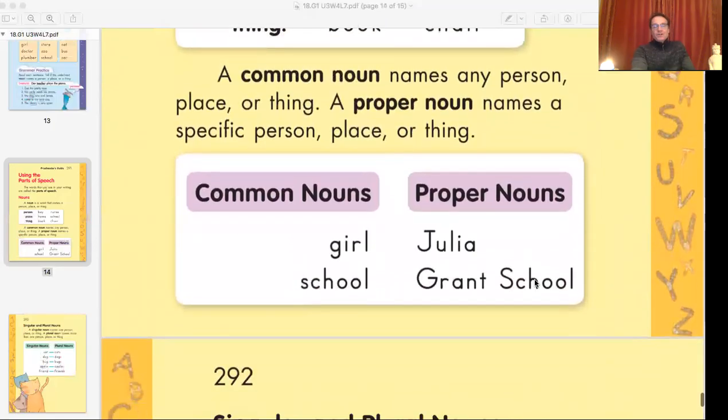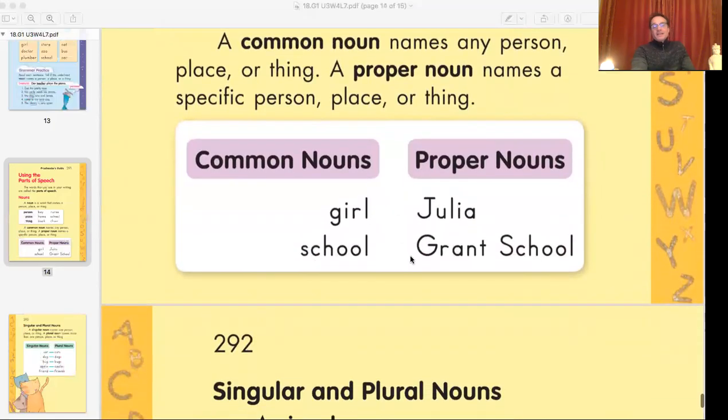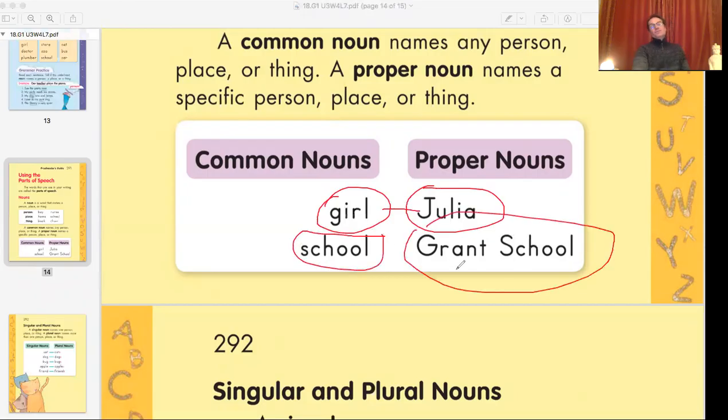Now, one thing, did you notice here? Do you know this rule? They didn't discuss this rule, but maybe you know it already. A common noun, a girl. A proper noun is the name of that girl, Julia. What is different about these two? Something is different. And with this too, a school or Grant School. What is different about those two?